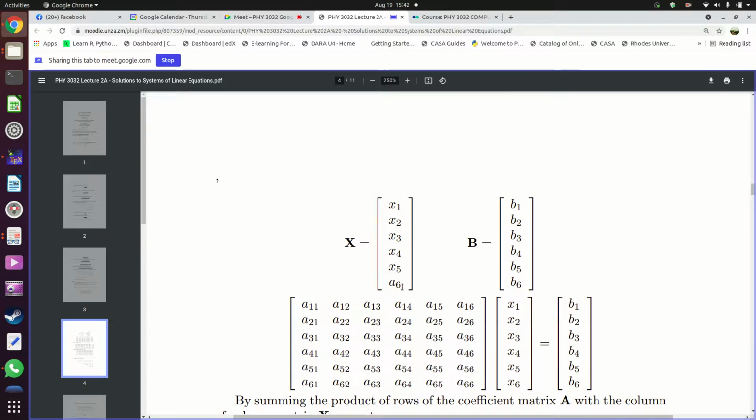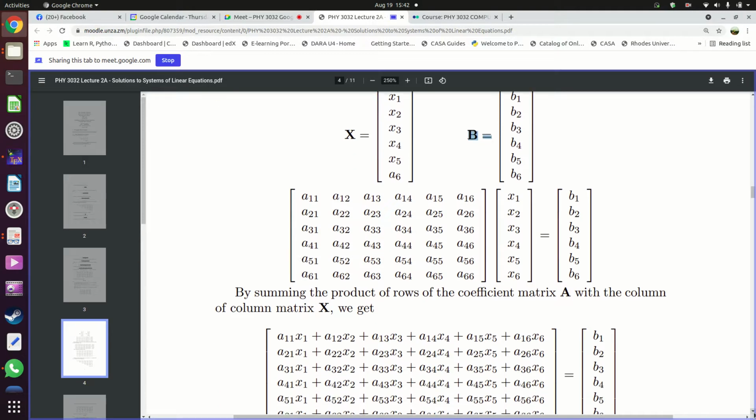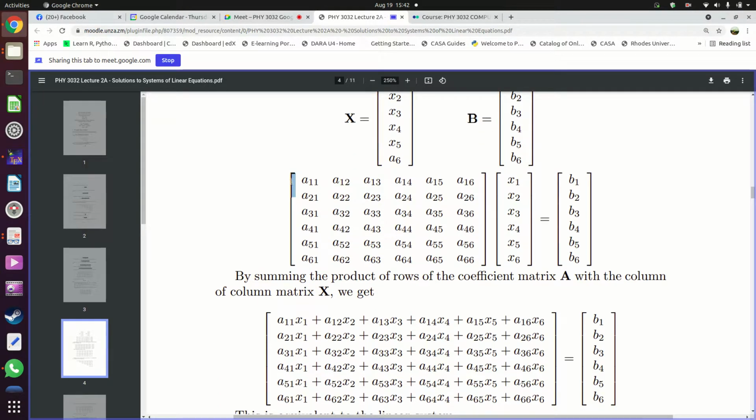These are the unknowns. And the constants on the right hand side of the equation, that's what we're calling B, a column matrix of B1, B2, B3, B4, B5, B6. With this arrangement, we can present our information like this, where this bit here is the coefficient matrix A, this bit is the column matrix of the unknowns, and this bit is the column matrix of the constants.